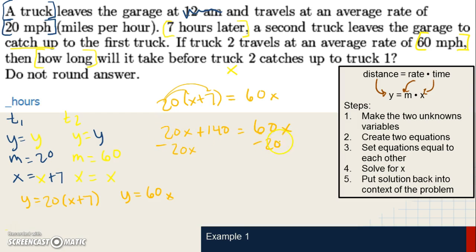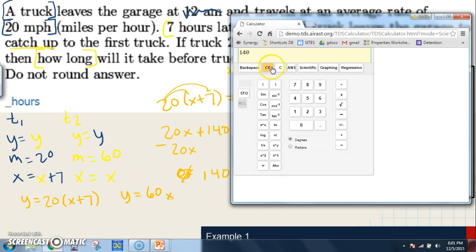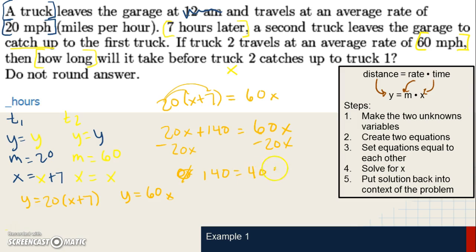We're going to do it to the other side. 20x minus 20x is 0x, which is just 0, plus 140 is just 140, equals 60x minus 20x, which are like terms that we can combine. So 60 minus 20 equals 40, so we know that it's 40x.